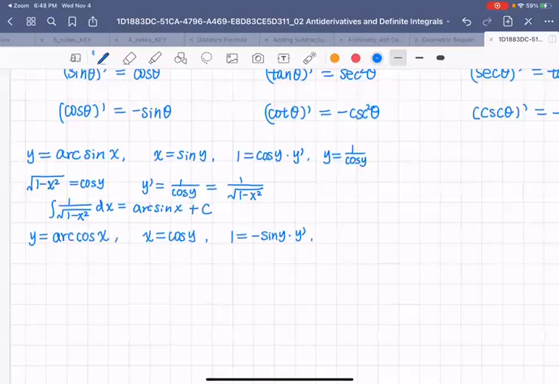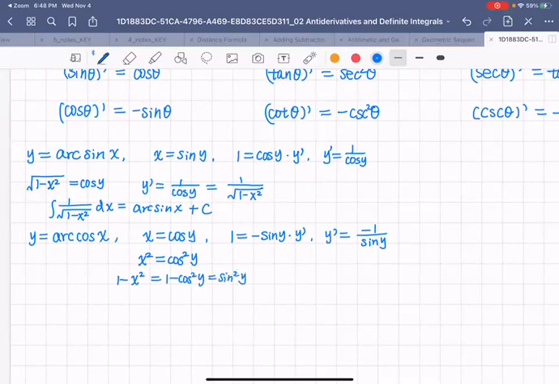So y prime equals -1 over sine y. Now x equals cosine y. Let's figure out what sine y is. You see here, x squared is cosine squared y. So 1 minus x squared equals 1 minus cosine squared y, which is sine squared y, right?